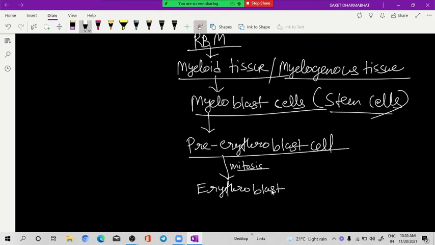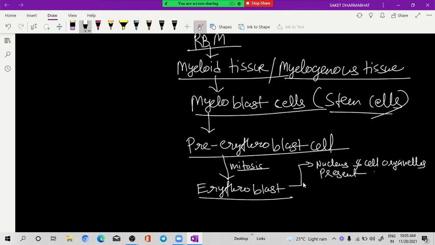If we talk about the erythroblast, the nucleus is present, and other cell organelles like Golgi body, mitochondria, endoplasmic reticulum are present. Second, its size is double that of RBC.